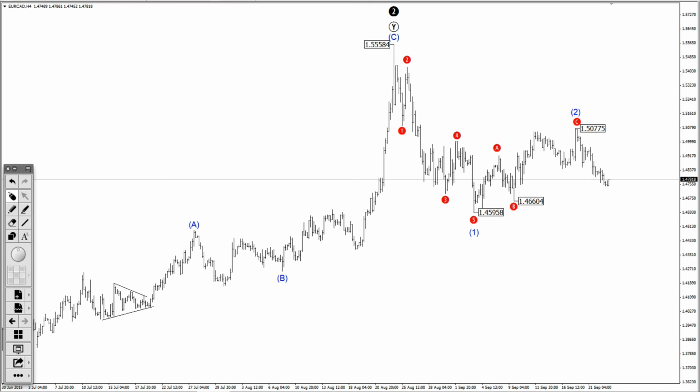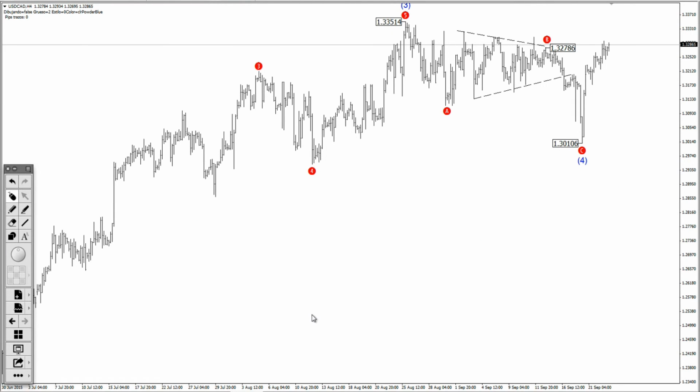Okay, finally we have US dollar, Canadian dollar. The strong upwards move has continued, and we have passed the triangle trend line, the B wave peak, which was at 132.78, price now 132.865.